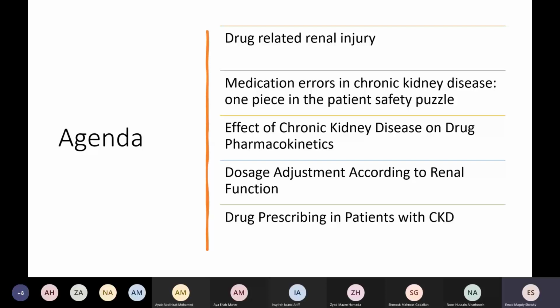Item number three is the effect of chronic kidney disease on the drug pharmacokinetics. Then, how to make those adjustments according to renal function, and finally a simple algorithm for drug prescription in patients with chronic kidney disease.